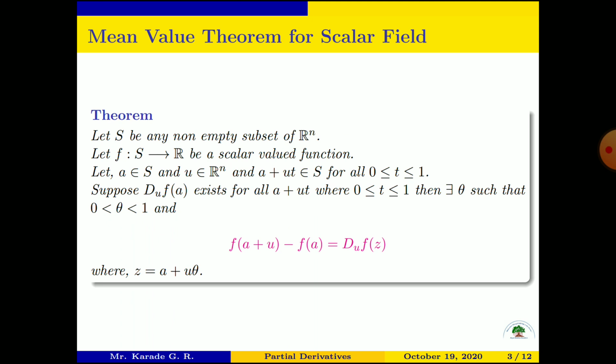Suppose the directional derivative D_u f of a plus ut exists for all t between 0 and 1. Then there exists theta such that theta is greater than 0 and less than 1, and f of a plus u minus f of a is equal to D_u f of z, where z is equal to a plus u theta.